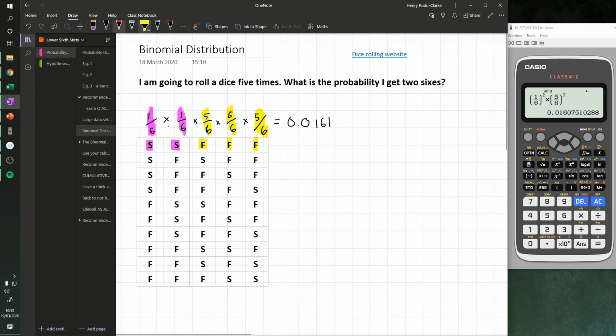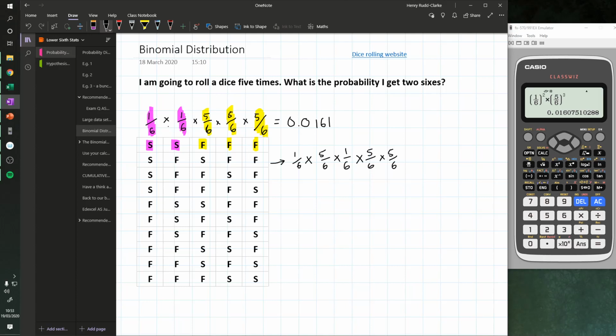What you'll hopefully notice, if I do a quick example with this second line, is that it has 1 out of 6 times 5 out of 6, then times 1 out of 6, then multiply by 5 out of 6 twice again. It doesn't take a genius to work out that this is the exact same calculation as the first line, just put in a different order.